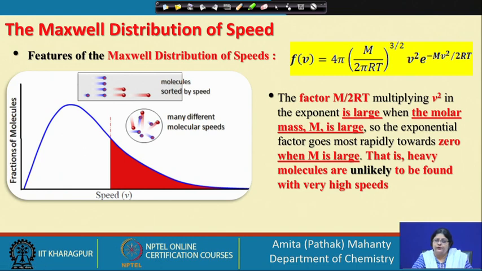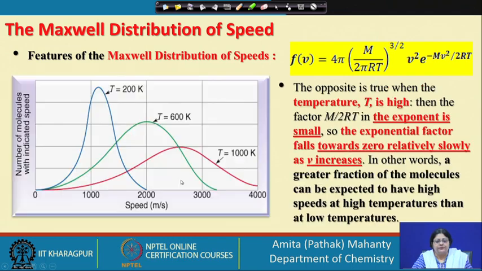That is, the heavier the molecule is, the faster is its decay. So, when we are talking about high speeds, gases which have high molecular weight will be very rarely found in this region. Okay.